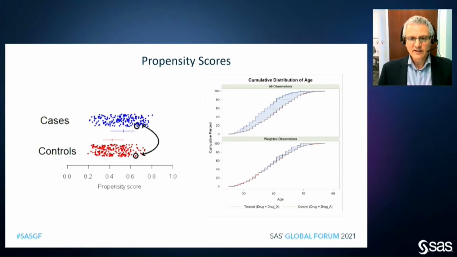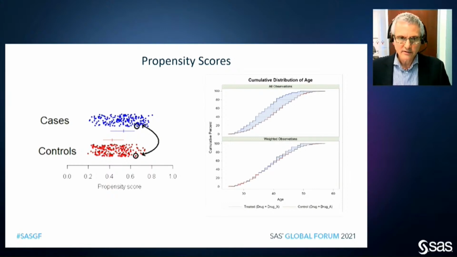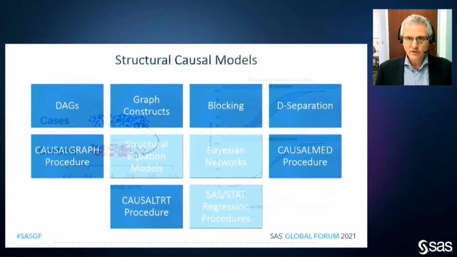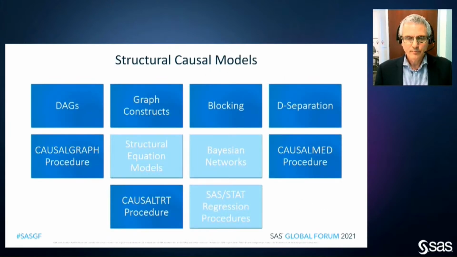But you must specify the set of X, the confounders that you use to estimate the propensity scores. PROC PSMATCH will not help you identify the appropriate set of confounders, nor will it tell you if you have used a good set of confounders. We will see how to use PROC CAUSALGRAPH to help us with that problem.